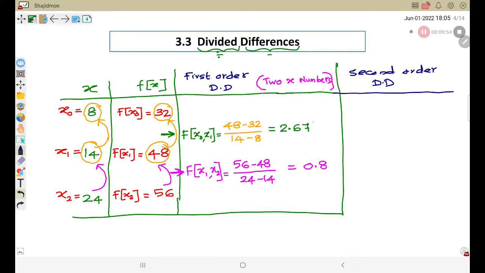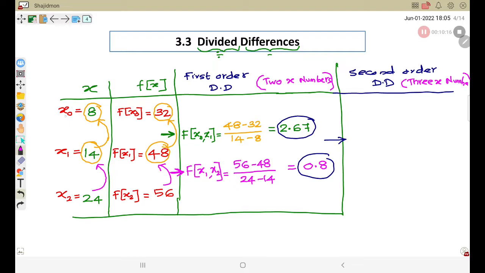Now what we will do, this number and this number, in the middle we write that number. If we are finding the second order divided difference, we consider 3 x numbers at a time. How many x numbers? 3 x numbers at a time.